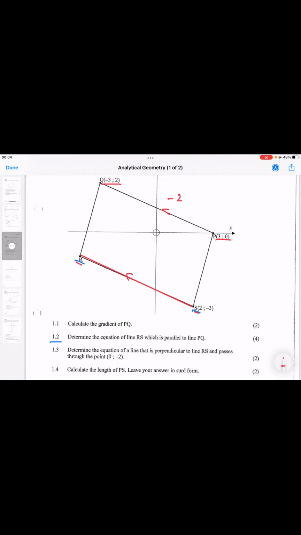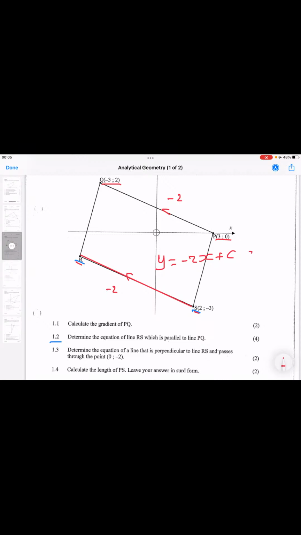So automatically the gradient of RS is also -2. So already you have y equals -2, being the gradient, x plus c. All that you need is just 1 point on RS, which is point S.